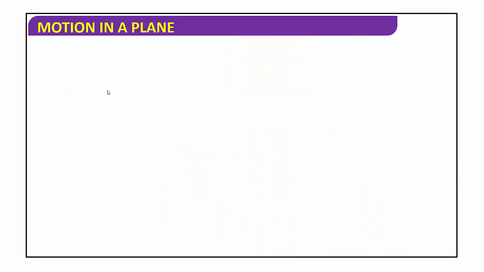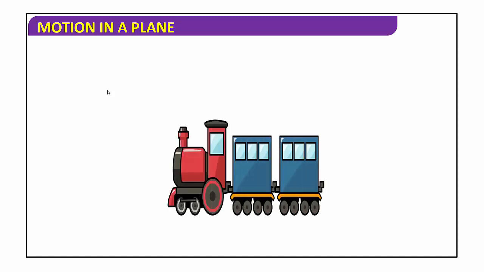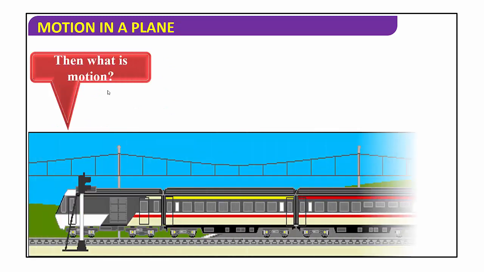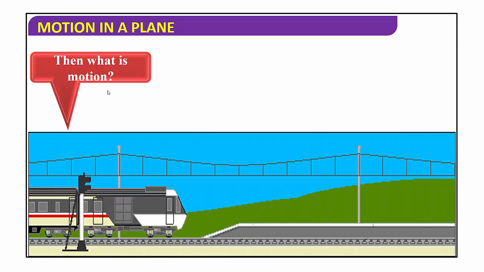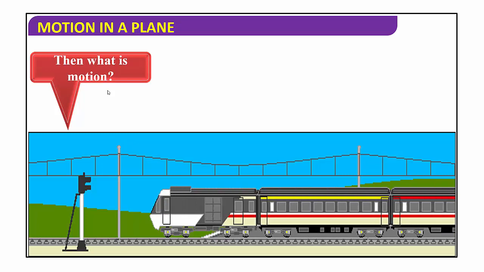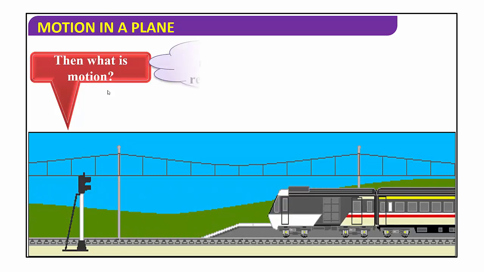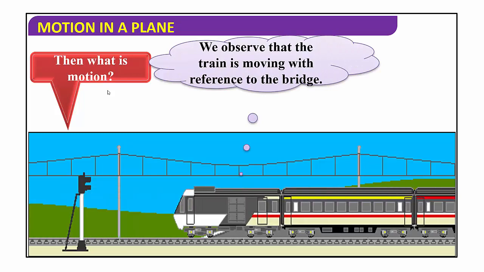Then rest and motion are relative terms. Observe here the train. What is rest here? We can directly say that the train is at rest, because the train is not changing its position. Then what is motion? Here you can observe the train is moving. How do we define motion of an object?